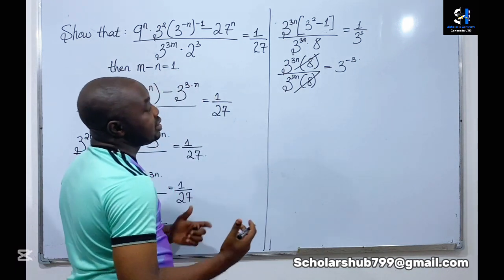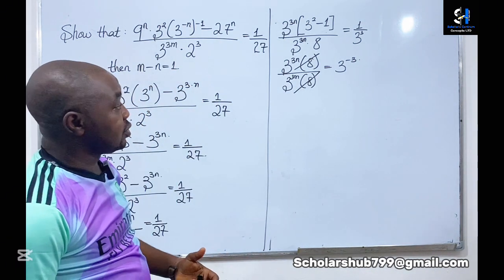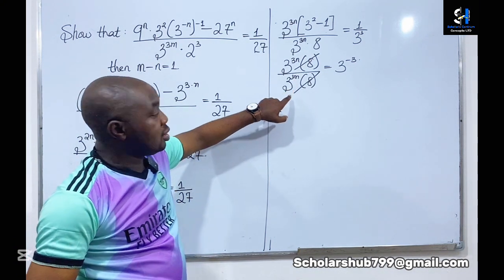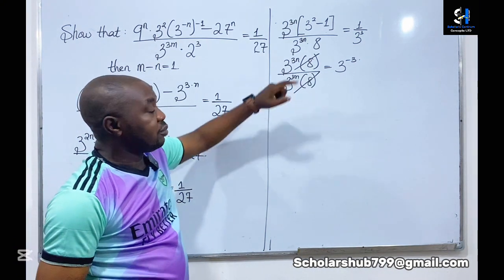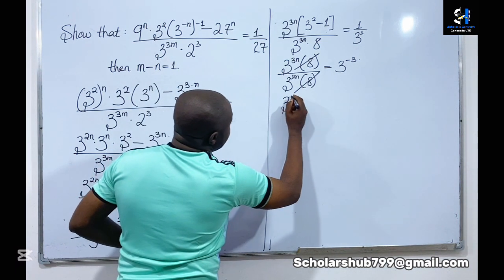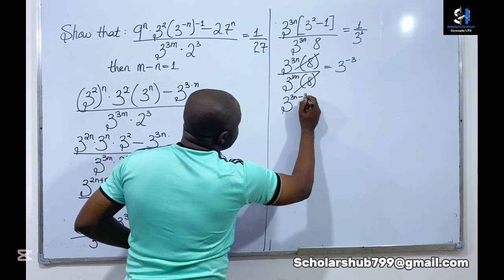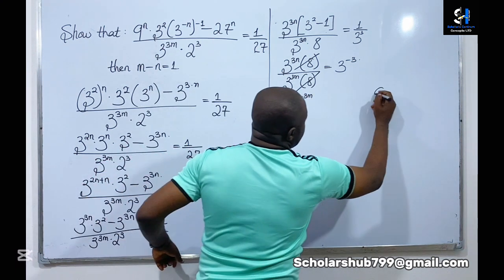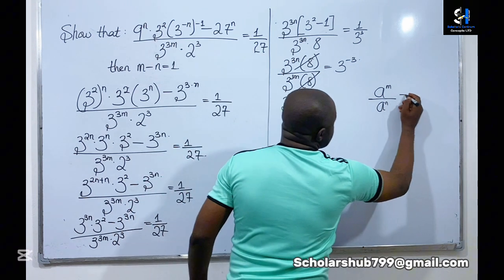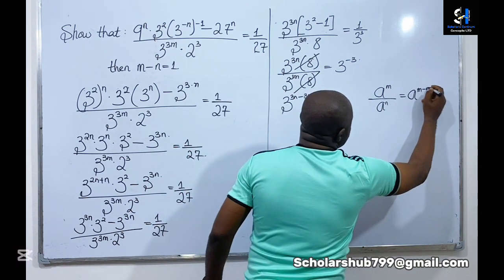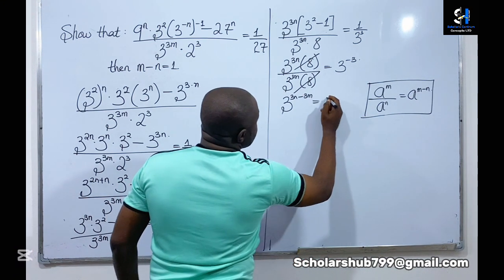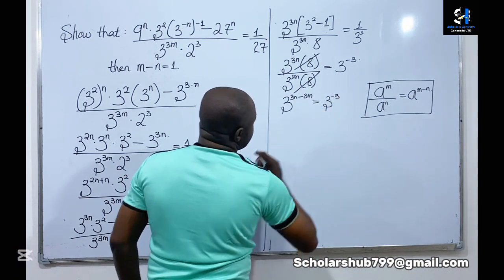Then in this case, when dividing exponential notations, we can subtract the power of the denominator from that of the numerator, because the bases are the same. So we have 3 raised to the power of 3n minus 3m, because a raised to the power of m divided by a raised to the power of n is the same thing as a raised to the m minus n, which is one of the laws of exponent. So this equals 3 raised to the power of negative 3.